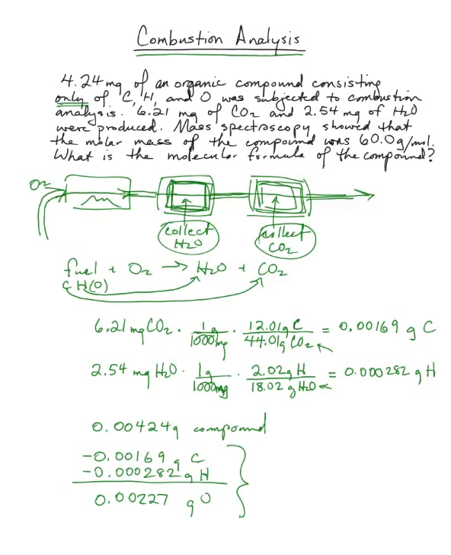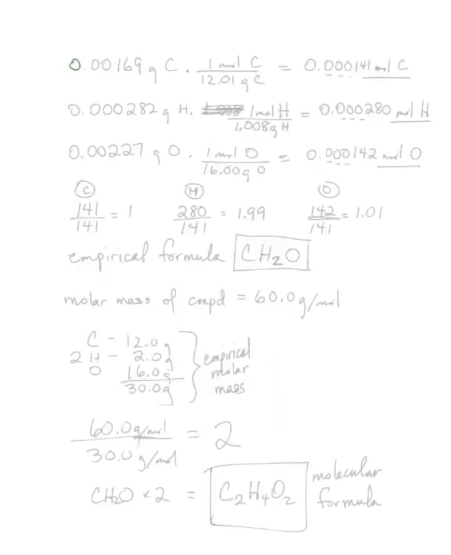So now we're going to look for the empirical formula. So I'm going to take my three numbers that I found, 0.00169 grams of carbon, 0.000282 grams of hydrogen, and 0.00227 grams of oxygen.